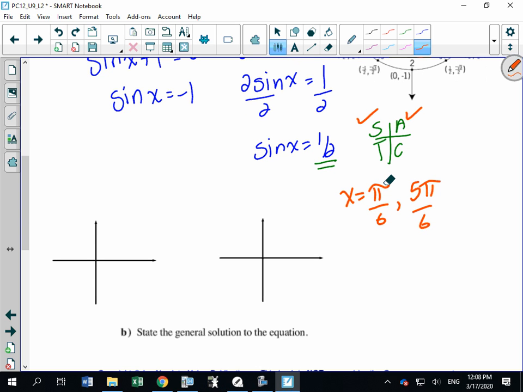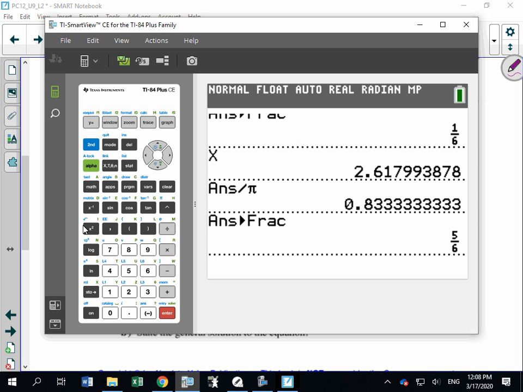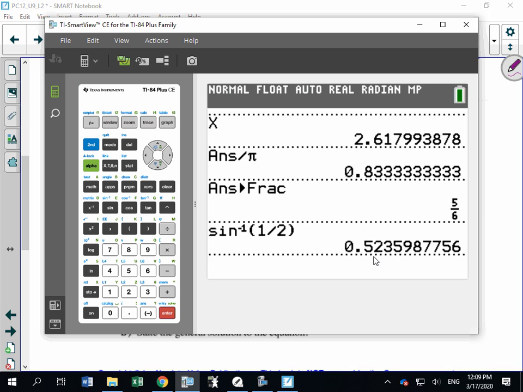So what you would do is you would find what the angle is. Inverse sine of the absolute value of 1/2, which is just 1/2. That, remember, always gives you your reference angle. So second function sine of 1 divided by 2 gives me a reference angle of 0.5235.